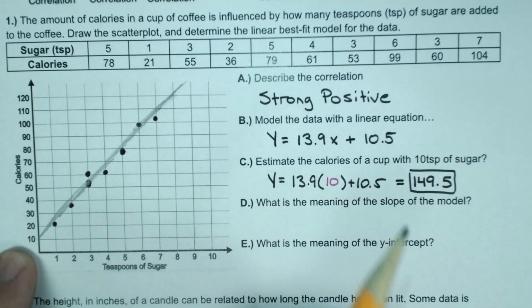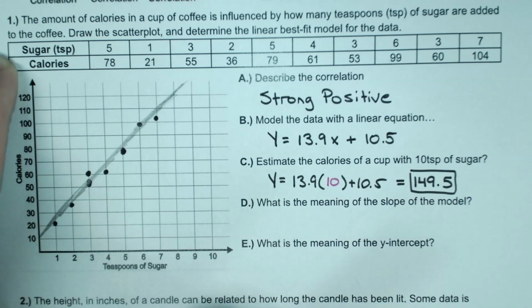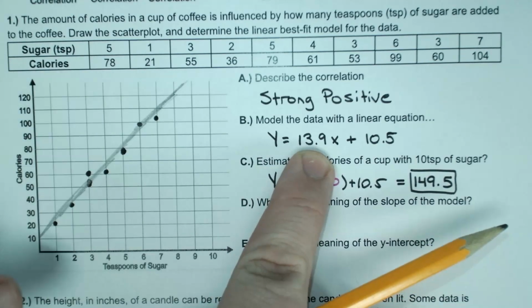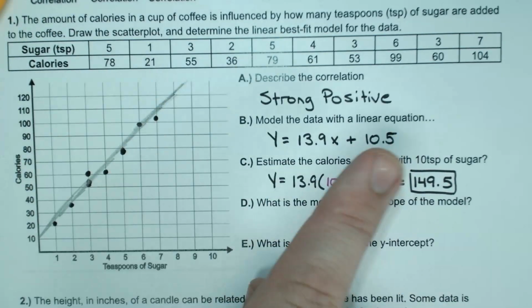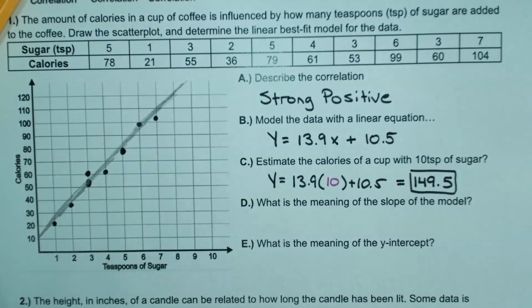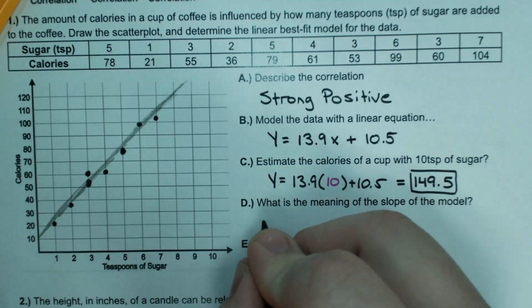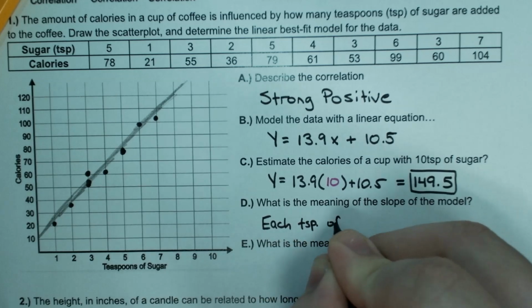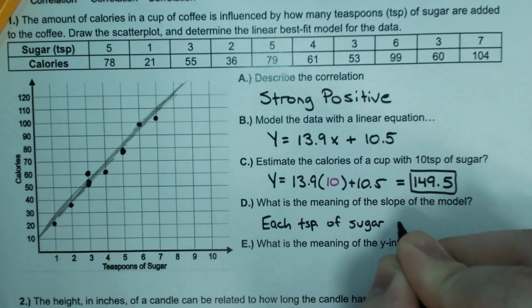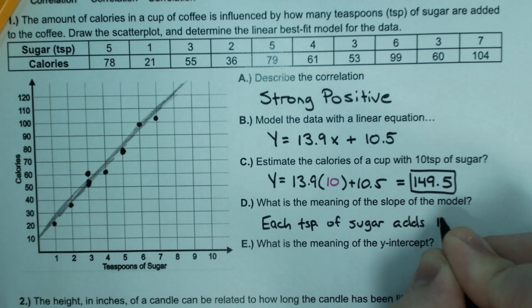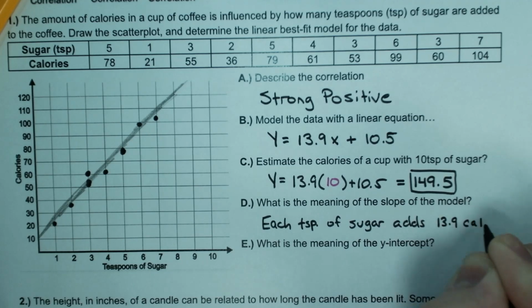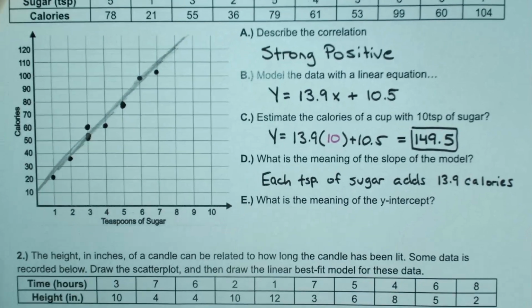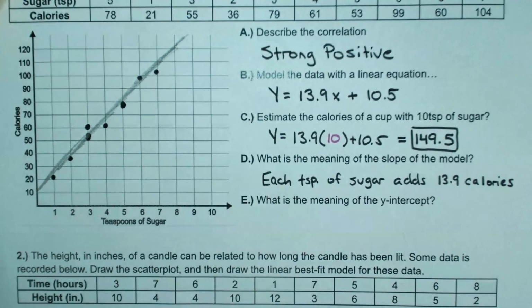So the number of calories in this coffee goes up by 13.9 for every teaspoon of sugar. I think a good way of saying that is each teaspoon adds 13.9 calories. Sound okay?